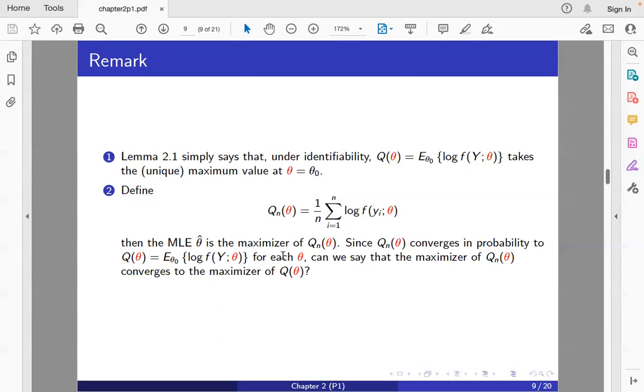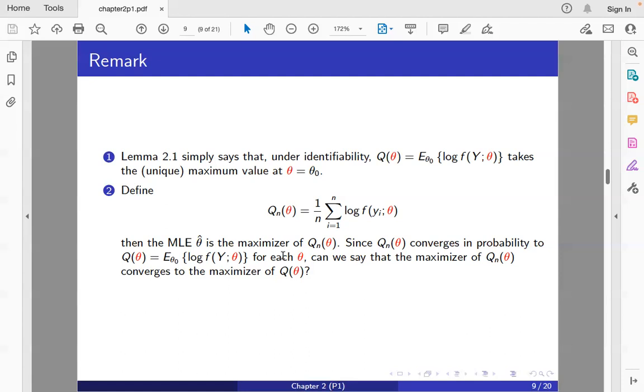And we know that the maximizer of Q zeta is the true parameter, our parameter of interest. But we don't observe this from the data. What we observe is a sample version of Q zeta, which is Qn.